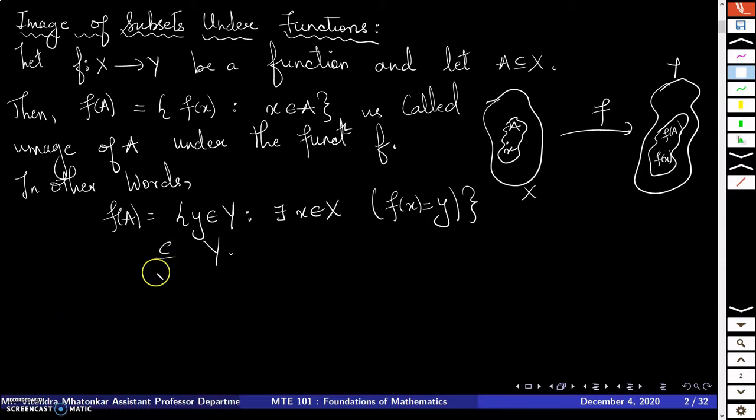Now let's look at some examples based on this, and we will try to find out image sets of some sets.